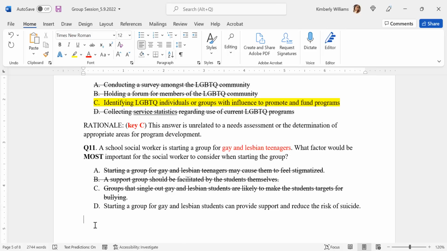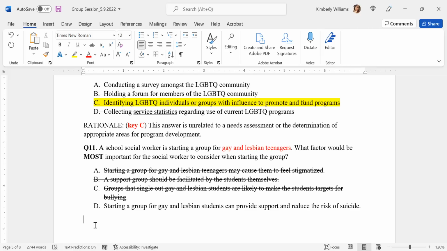Well, she's starting the group for gay and lesbian teenagers. So the factor that would be most important for the social worker to consider would be, I would say, a support group. Not necessarily, because it shouldn't be facilitated by the students themselves.